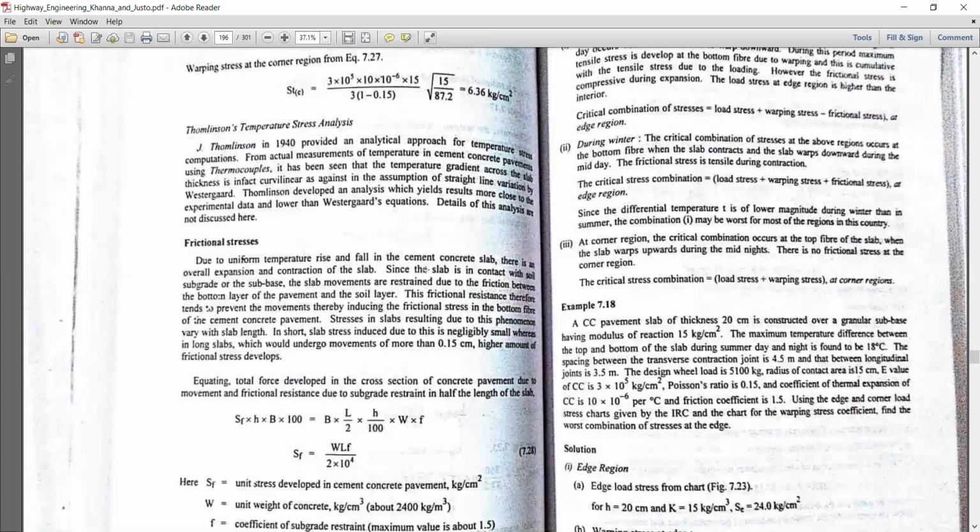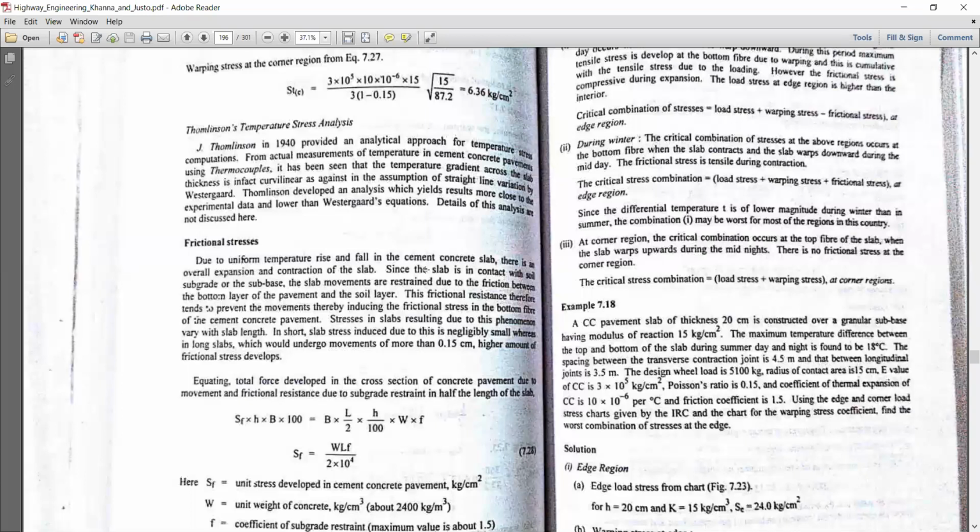So we need to get the friction between concrete and subgrade. Otherwise, due to temperature variation and the movement of vehicles, there will be chances of movement of the concrete slab, usually forward movement, because of contraction and expansion.